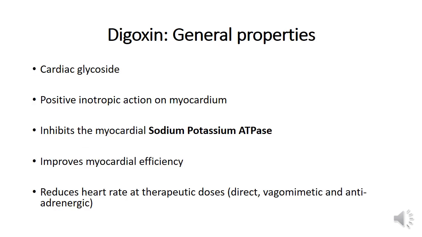First of all, digoxin, a cardiac glycoside. Glycosides, like alkaloids, are obtained from nature. Digoxin has a positive inotropic action on the myocardium. That means digoxin increases the myocardial contractility in a dose-related fashion.